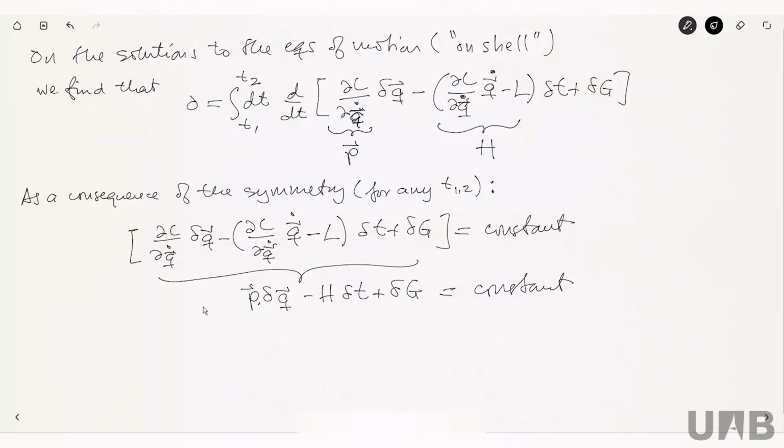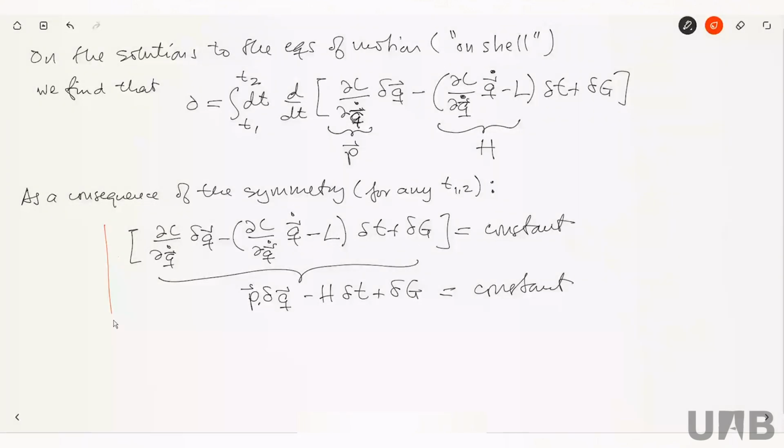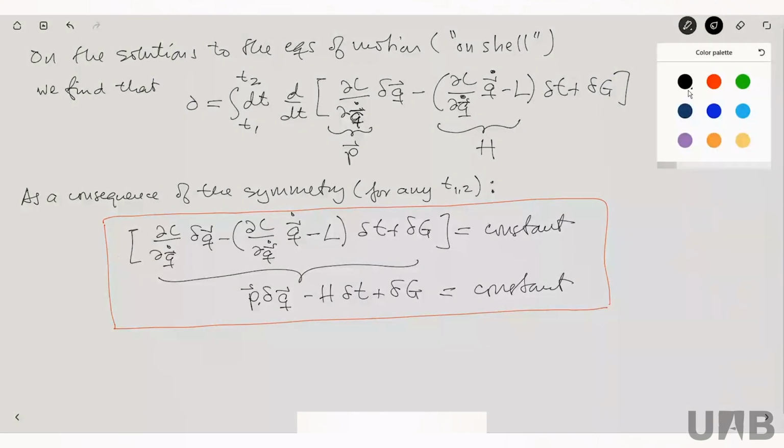But that's an easy way to remember this whole expression, okay? So this is the result of Noether's theorem, and this is a very important result. We're going to frame it, because this is the theorem that ensures the conservation of all the quantities that we all know and love, like energy, angular momentum, linear momentum, and all that, as we will see. So this is Noether's theorem.